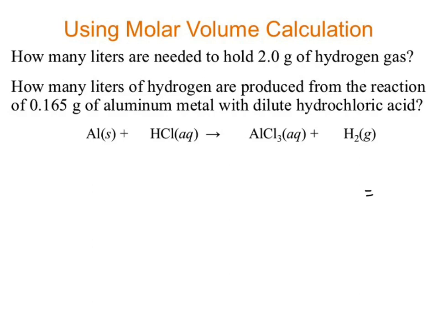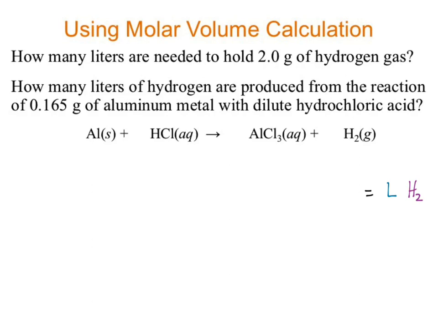So our final answer, we don't want just liters, we want liters of hydrogen, H2. We are running under the assumption that it's hydrogen gas, H2, because otherwise we would have to say hydrogen atoms. How many liters of hydrogen are produced from the reaction of 0.165 grams of aluminum metal with dilute hydrochloric acid?